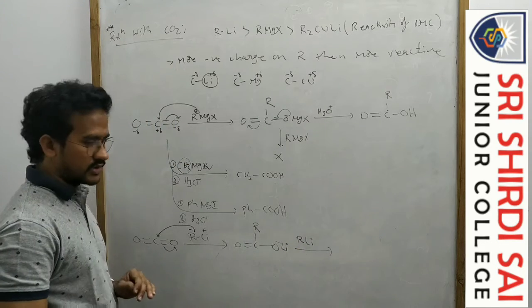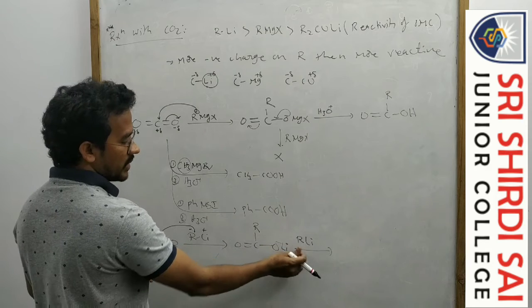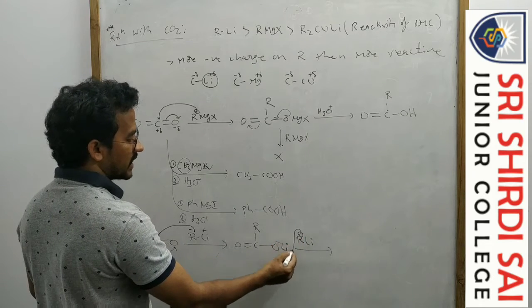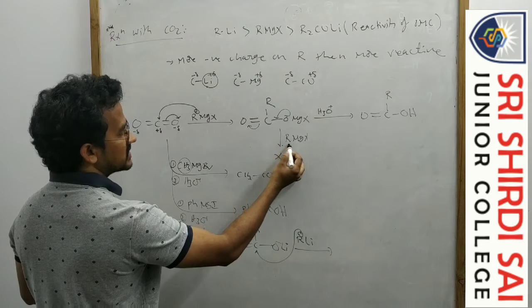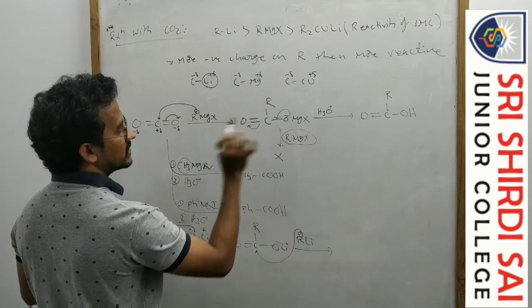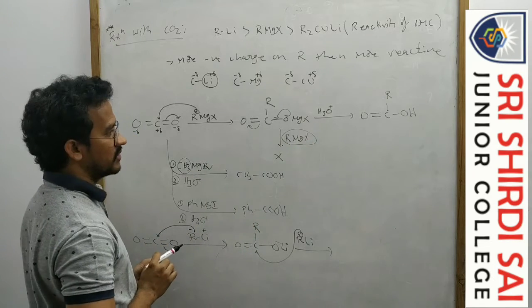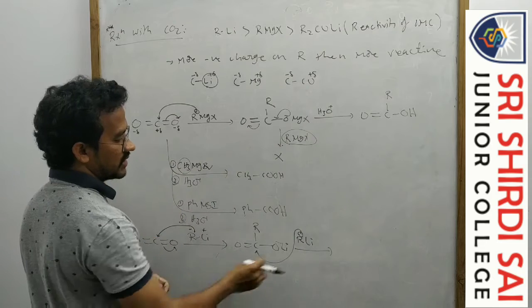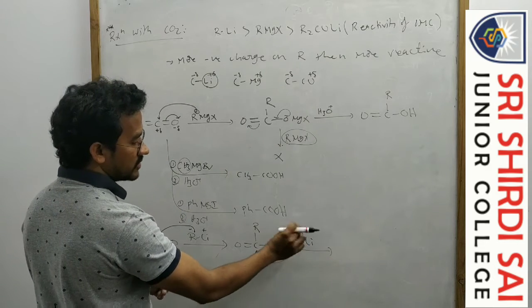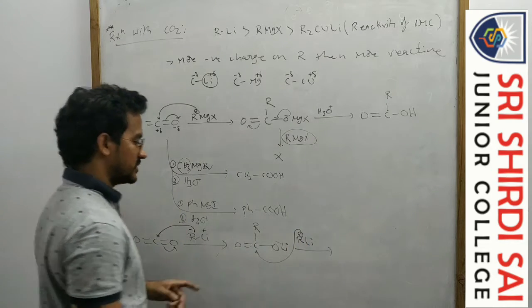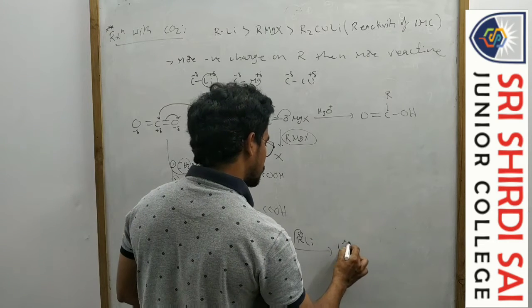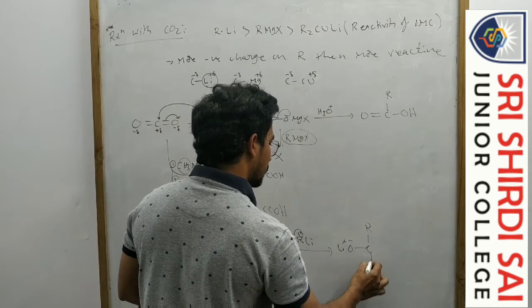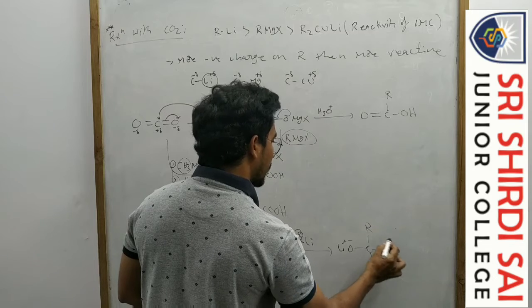Alkyl lithium is more reactive, so the more reactive organometallic compound attacks this carbon also. But RMgX is less reactive and cannot attack this carbon. Due to the high reactivity of alkyl lithium, further reaction takes place, with transfer of electrons, giving Li plus, O minus, R, OLi.